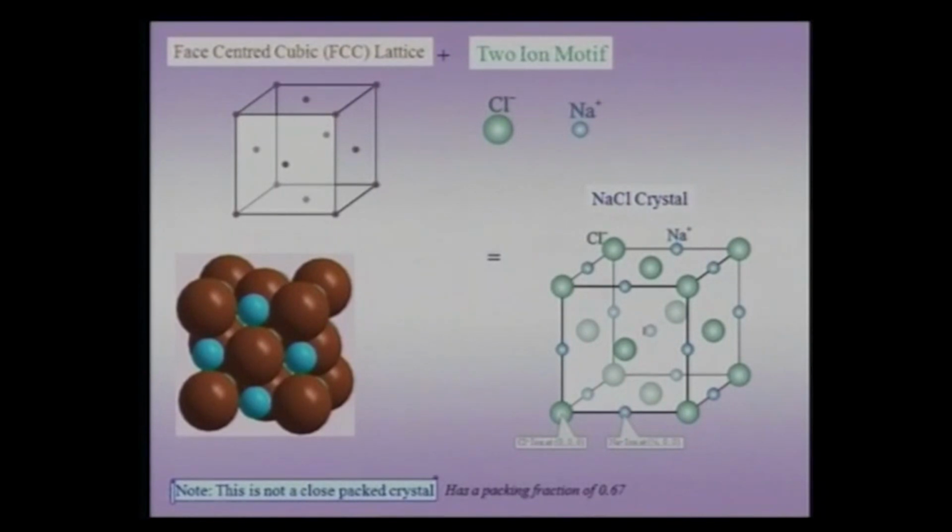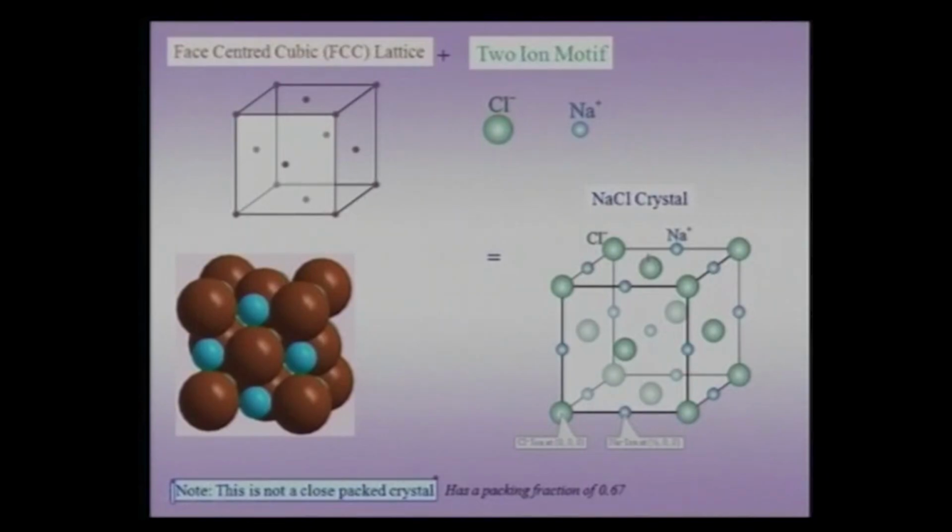Now if you look at this diagram, you see that all the green spheres, in this case the chlorine ions, form an FCC lattice. Equivalently, all the positions of the sodium ions also form an FCC lattice.